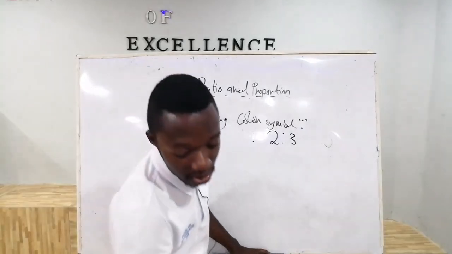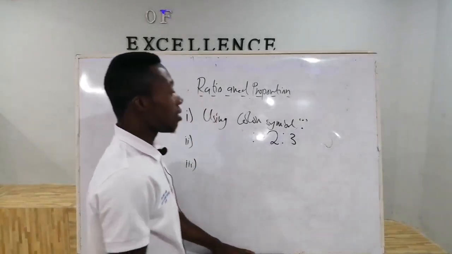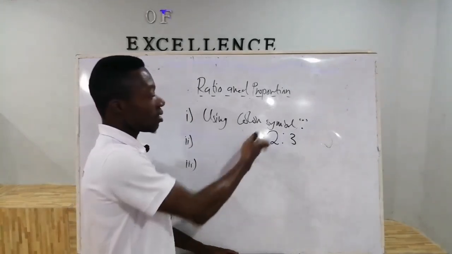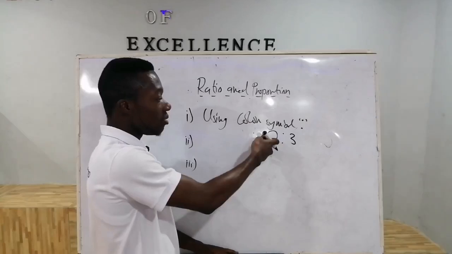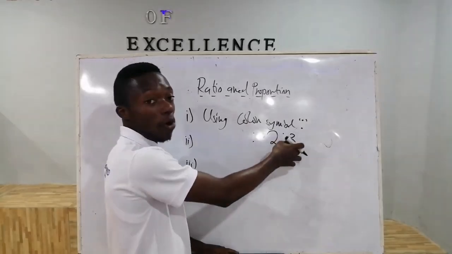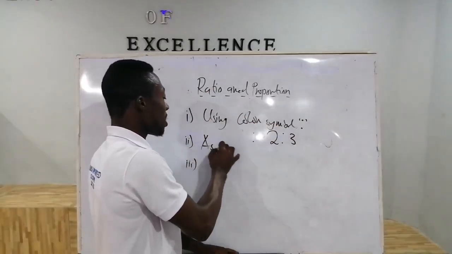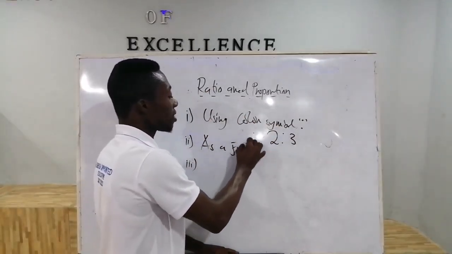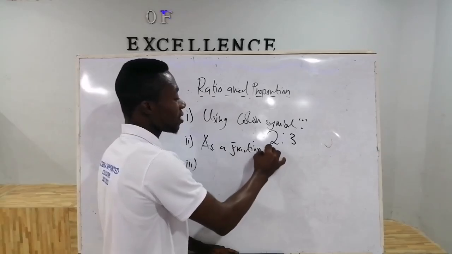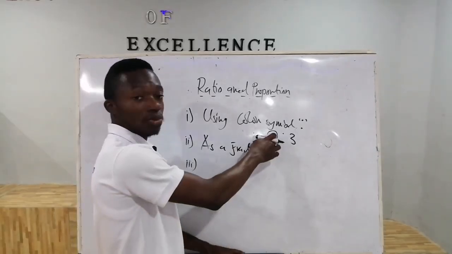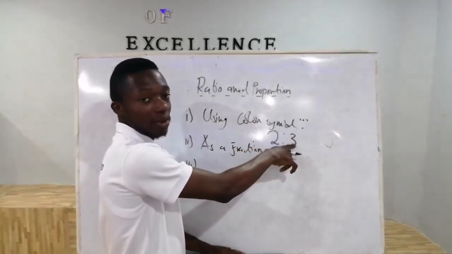The second aspect has to do with where we also compare two items, where we can convert the colon to fractions. So at any time you see a ratio in colon form, we can also convert that to a fraction. To write this as a fraction means this 2 will be the numerator and the 3 will be the denominator.